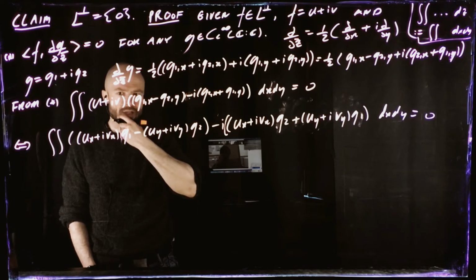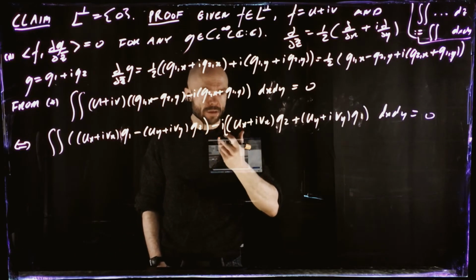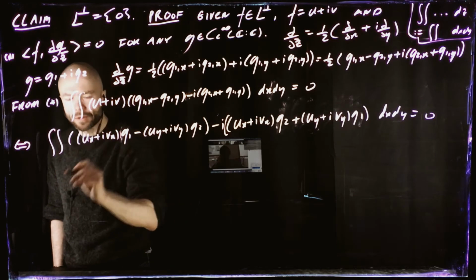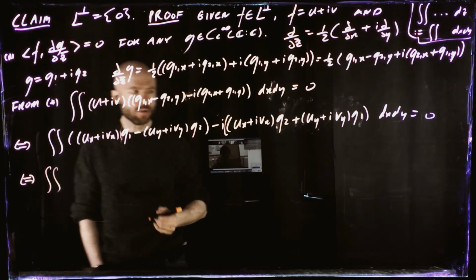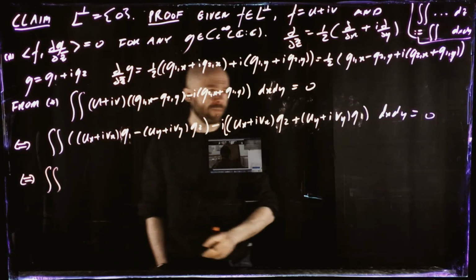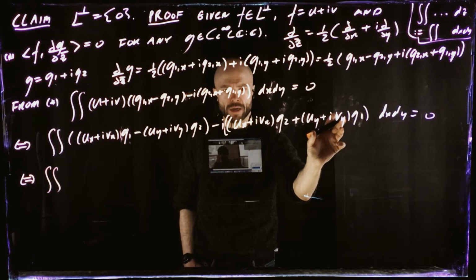That's the only property that they have. We have this expression here. So if we put things in terms of testing against g1, we have this tested against g1, and this tested against g1, and that is good.